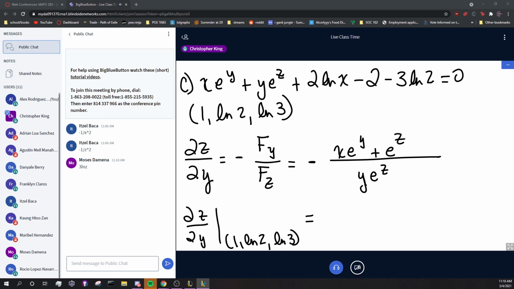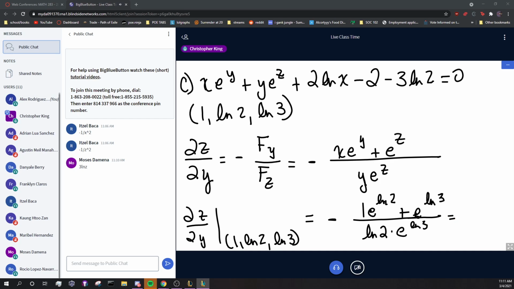So if I do that, I'm going to have negative of, in place of x, I'm going to put in 1. In place of y, I'm going to put in the natural log of 2. In place of z, I'm going to put in the natural log of 3 over the natural log of 2 times e to the natural log of 3.